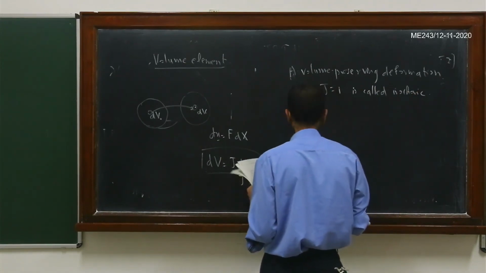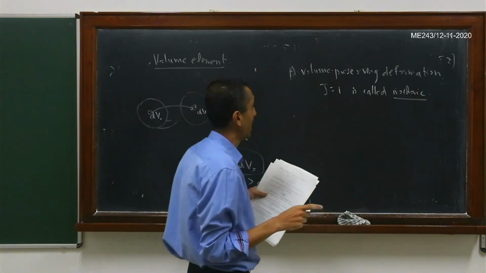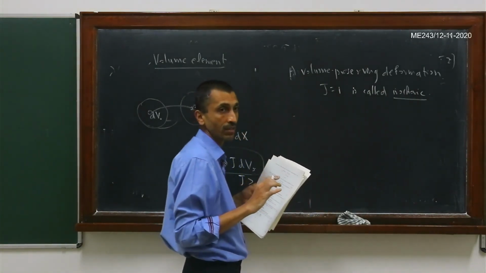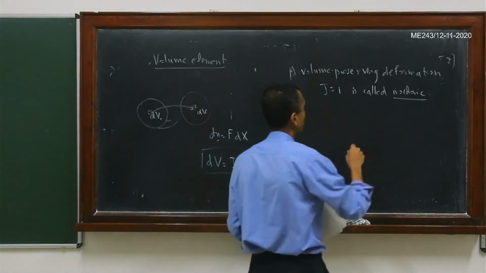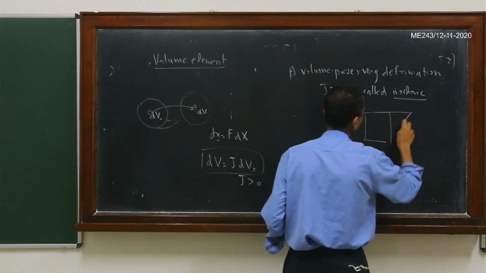So do not confuse an incompressible material with an isochoric motion. Even if the material is compressible, it can undergo an isochoric motion. Let me give an example. Suppose you take this square block, and it undergoes a deformation like this.